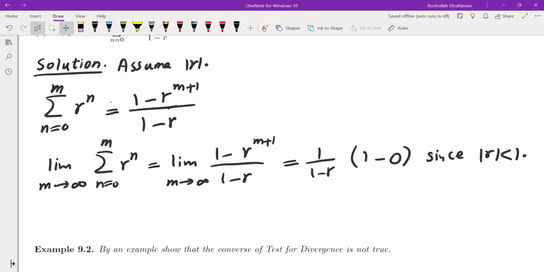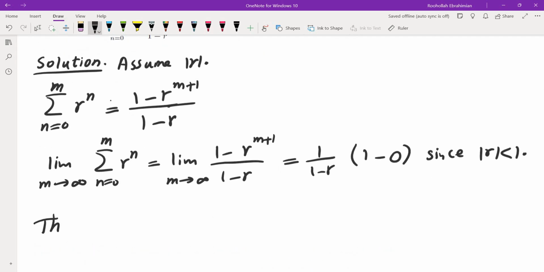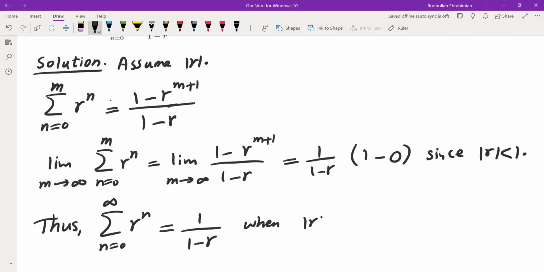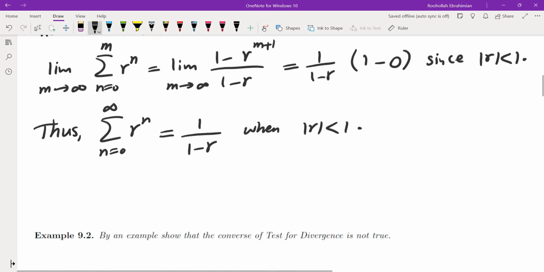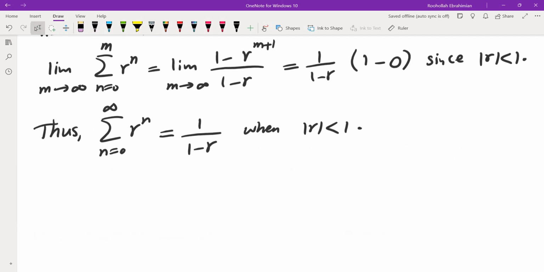So that means the infinite sum, the series, sum of r^n, n equals 0 to infinity, is going to be 1 over 1 minus r when the absolute value of r is less than 1. So if the absolute value of r is less than 1, then the series converges to 1 over 1 minus r.